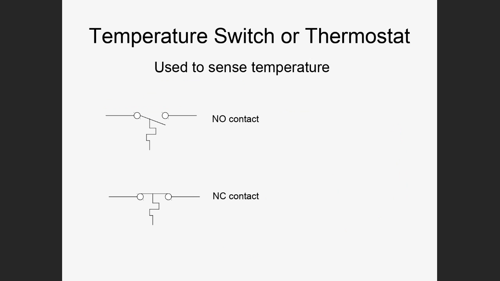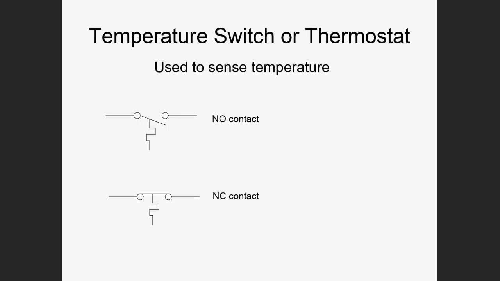Mainly it's showing you sensors or switches here. You really have a temperature switch, a sensor. It's usually some kind of electronic device, but this is the schematic symbol for a temperature switch or some kind of temperature control. Your thermostat would be an example of that.